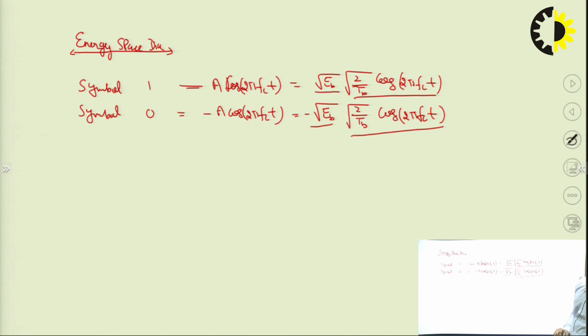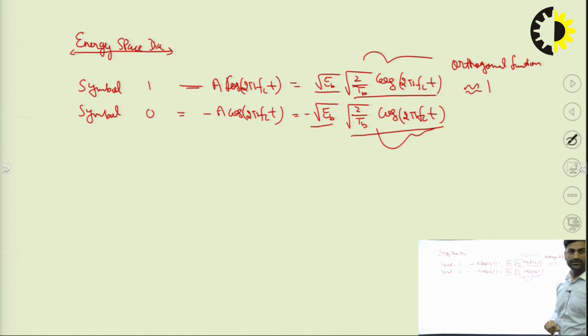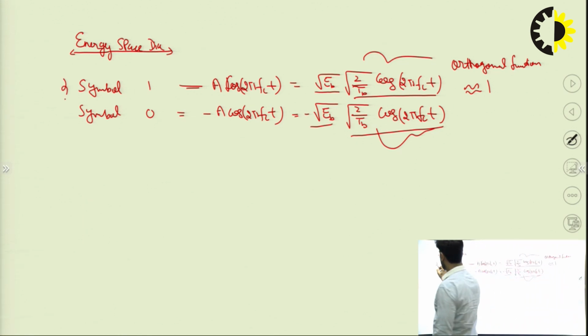Now we have to draw the energy space diagram. We will consider these as orthogonal functions, and the normalized value should be 1. So in terms of energy, we have to find the Euclidean distance between symbol 1 and 0. So we are plotting it.